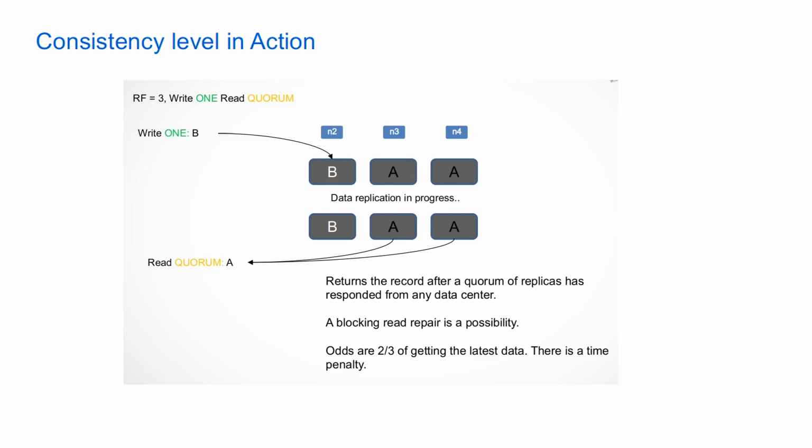Yes, data replication is in progress. So consider a situation where N3 is getting the data as part of the replication, and suppose the coordinator had chosen N2 and N3 for the read, repair will also happen. So that means N3 is going to get 2 copies of the same data.